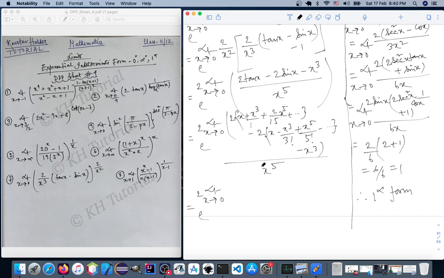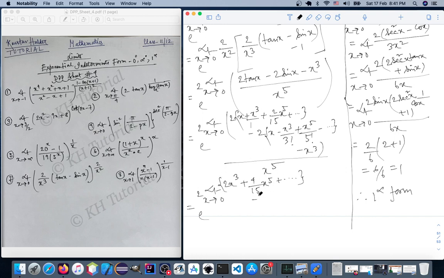Let's complete the power of x cube. It becomes 2x cube. The x to the power 5 term is plus 4 by 15 x to the power 5 and so on.